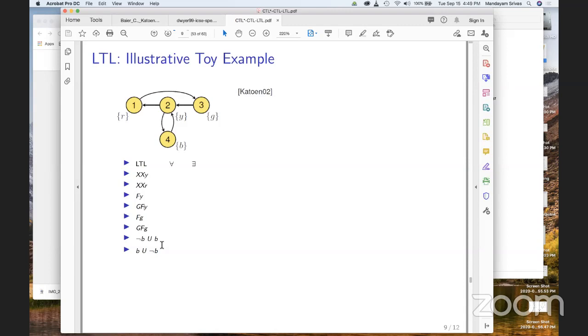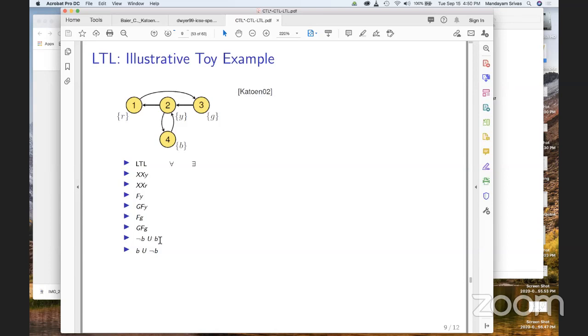That's actually not true. First of all, recall the semantics of the until operator. It imposes two constraints. It says that B should eventually hold good, and from the start up to the point where B holds good, not the point itself, not B should hold good.